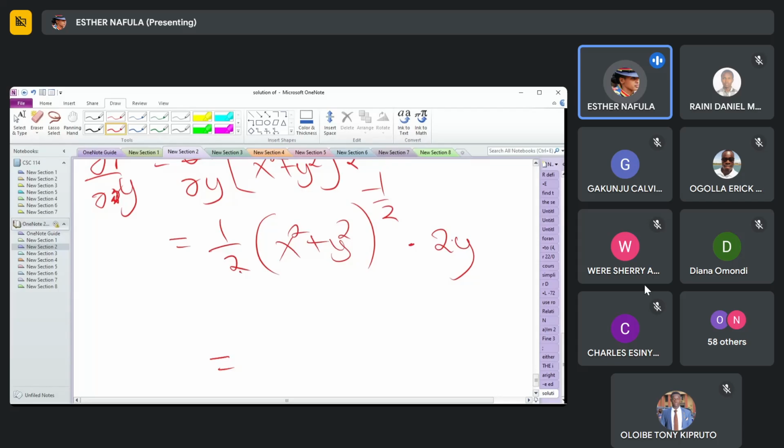We can cancel out these two. So we have x squared plus y squared raised to minus half times y.